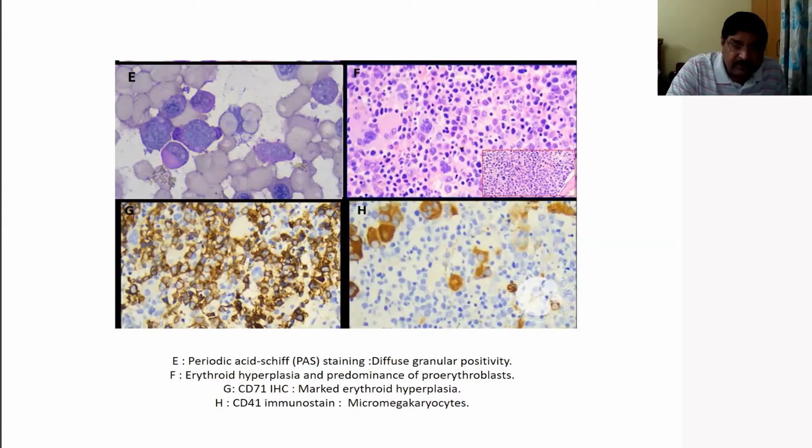But here you can have the CD71 and CD235A, which are the transferrin receptors, or glycophorin A, which are on the surface of these erythroblasts. So AML-M6 and AML-M7 will get characterized if you do these special stains, including PAS, where the erythroblasts will be positive. Next.